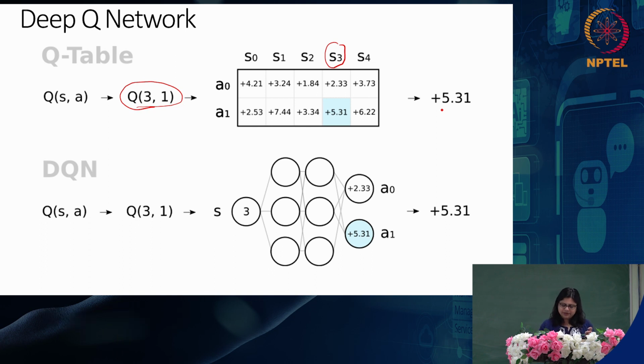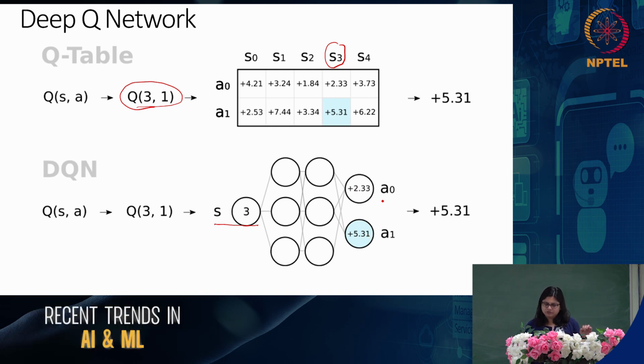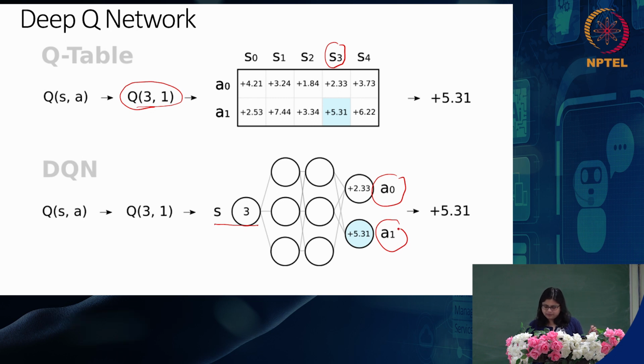Now if you want to use this DQN, then you have to use the state 3 as the input, and in the output there are 2 neurons, one for action A0 and another for action A1. The neuron A0 will give you the Q value for action A0, and the neuron A1 will give you the Q value for action A1. So you will be getting the same value, but in a different way.